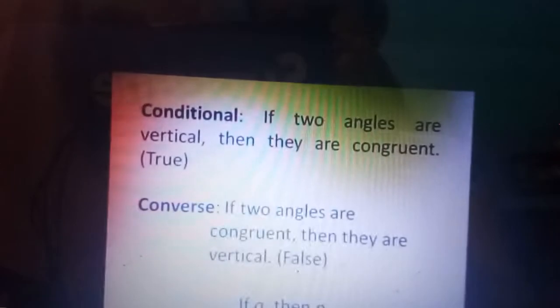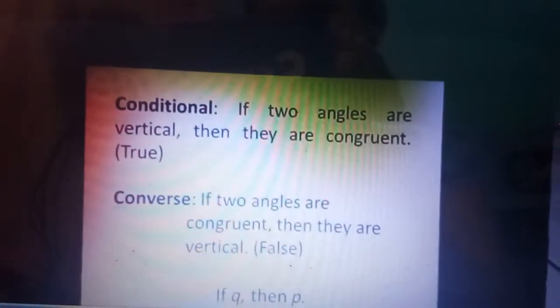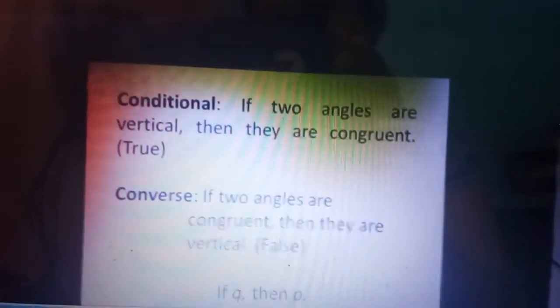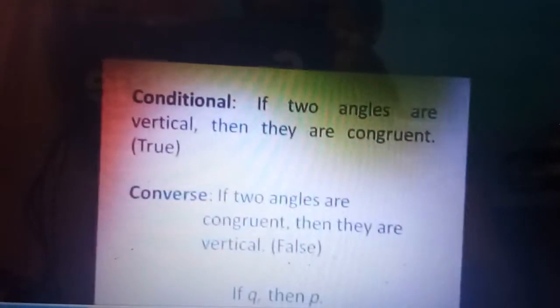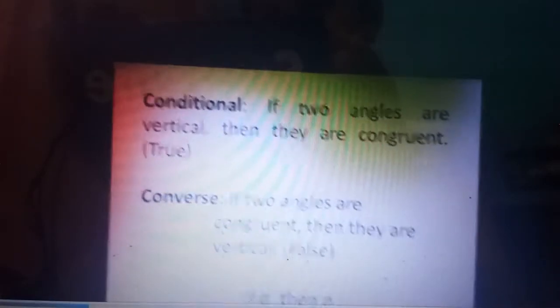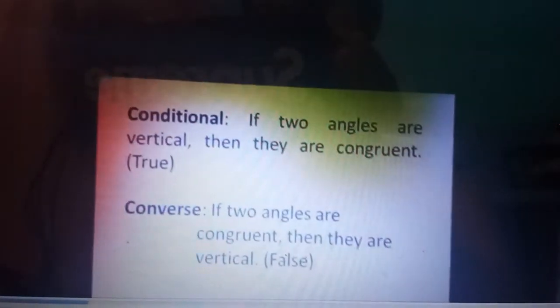The form is if Q, then P, by interchanging the position. So if two angles are congruent, then they are vertical.